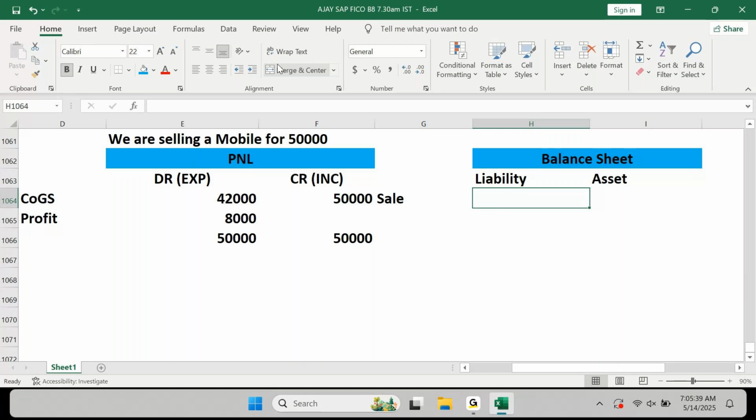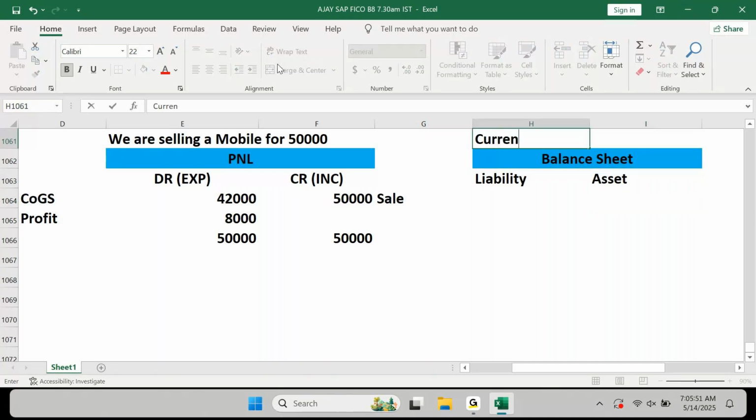In our example, what is the cost that we assumed per mobile? 42,000. Let's assume current stock is, let's say, 4 units.